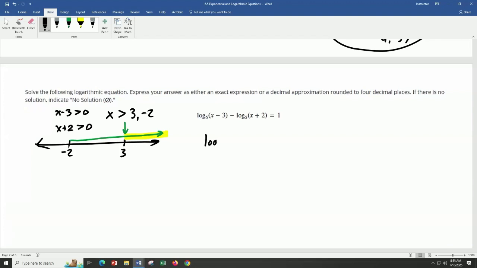If I rewrite this as log 5 as division, I get x minus 3 divided by x plus 2, all equal to what? 1, right? Can I not rewrite this? I'm dealing with a log now, right? Can I just rewrite that? 5 to the power of 1 is equal to what?